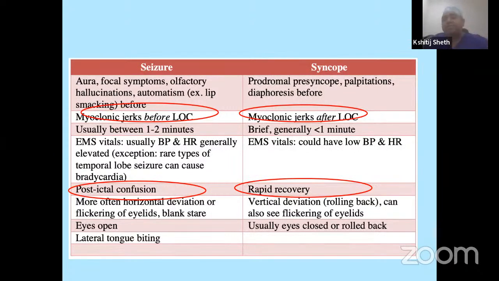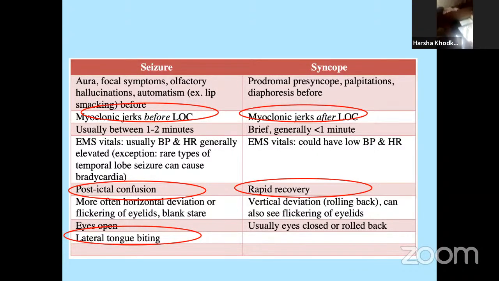So you have to ask the history: after the episode, how was the child? Was he completely normal immediately after the episode, or was he drowsy in a post-ictal phase? Also, upward rolling of eyeballs, frothing at mouth, and tongue bite are very common in seizures, not in syncope. So here we have concluded that this child, from the history, had a syncope and is less likely to have a seizure.